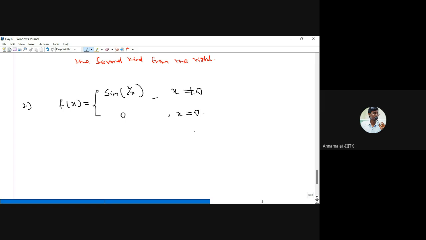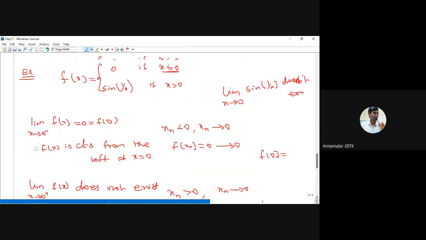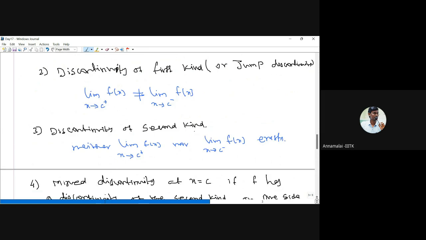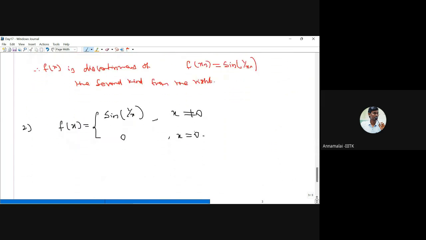So this is nothing but discontinuous of second kind, because a discontinuity of second kind is one where neither the right hand limit nor the left hand limit exists. None of the limits exists, therefore it is discontinuous of second kind.